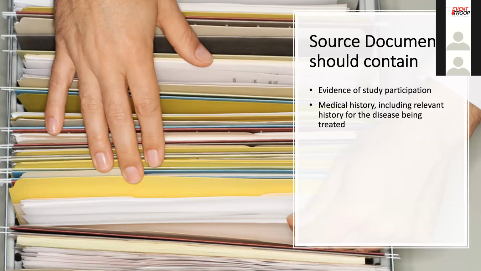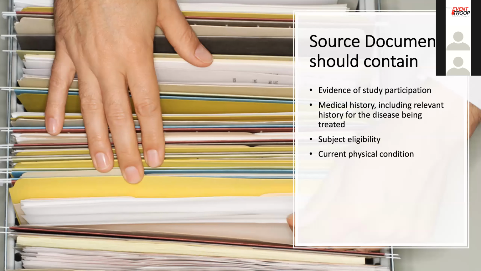We should be able to look at the medical history, including the relevant history for the disease being treated. We should be able to verify the subject eligibility. For example, if the protocol says the patients must meet this inclusion criteria, the source documents or the medical records should be able to support us with the documentation which clearly says that yes, they do meet this criteria.